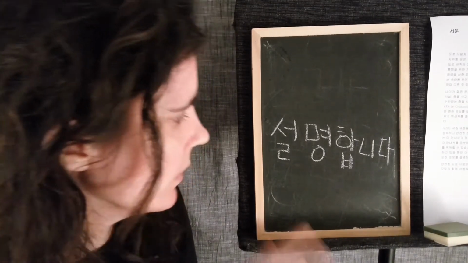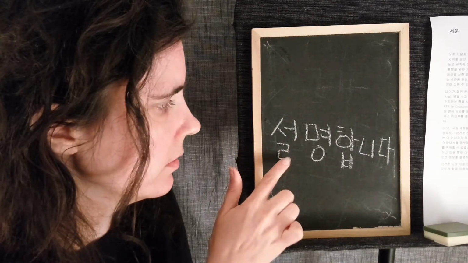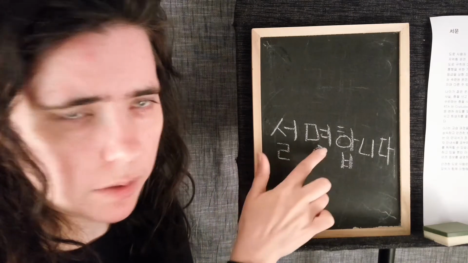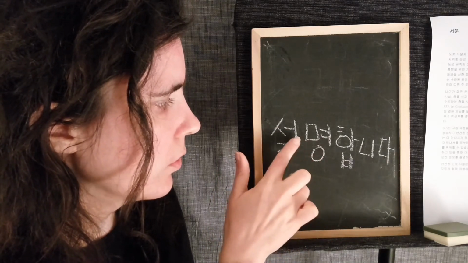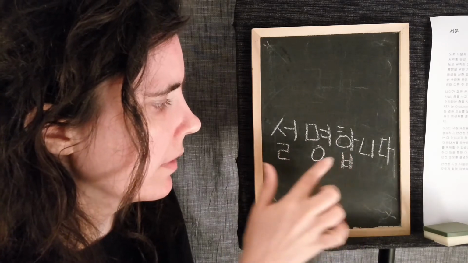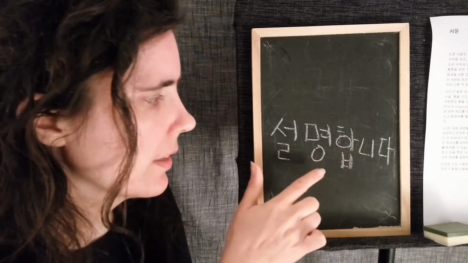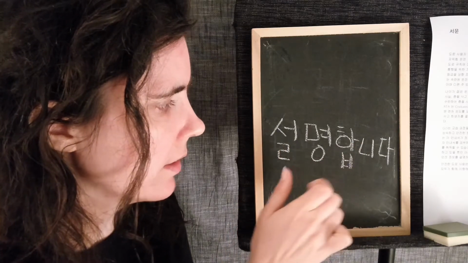So we have our S, O, U. But as I said, the M will probably take precedence, so it'll be somyeong, and then this will kind of go up there and it'll be ngamnida.